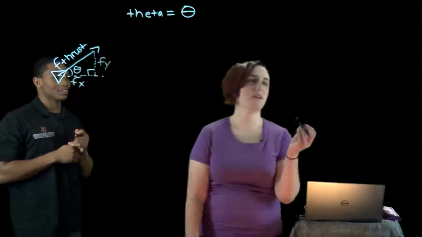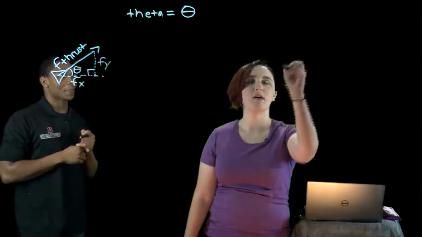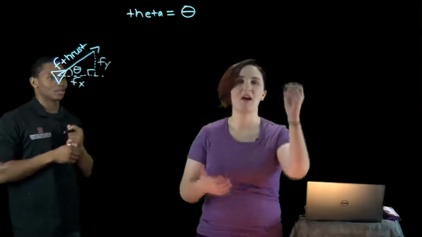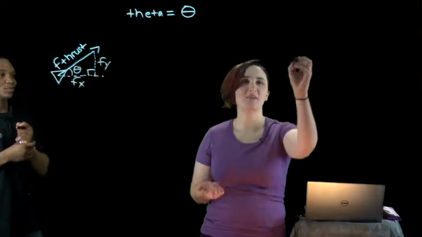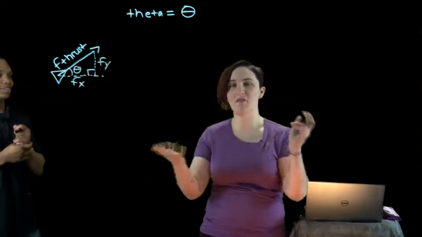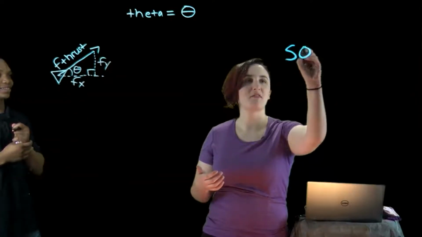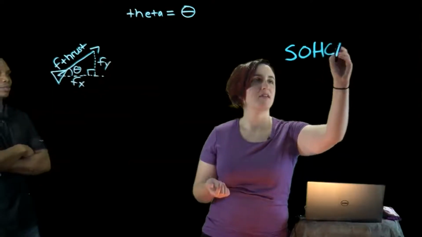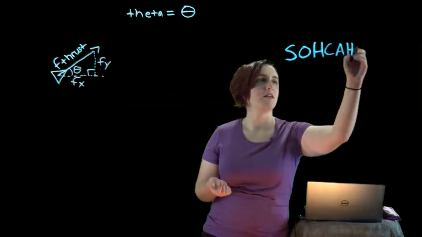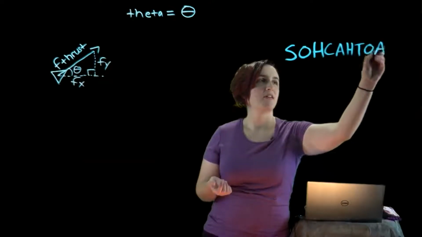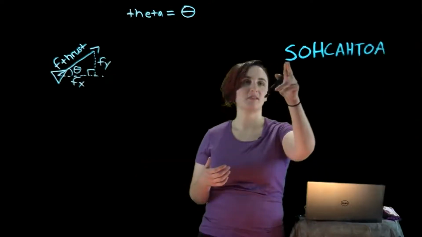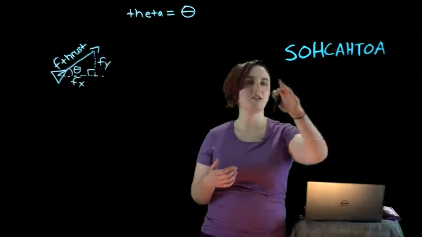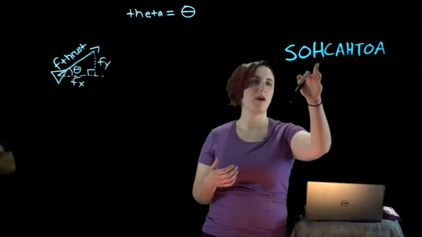Here we have SOHCAHTOA, of course. I'm sure everyone in high school knows, or may have heard of it. If not, you'll definitely want to know about it. Basically, it tells us sine, cosine, tangent. Sine is opposite over hypotenuse.